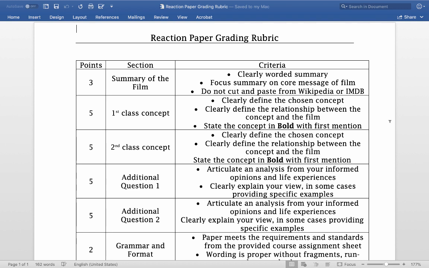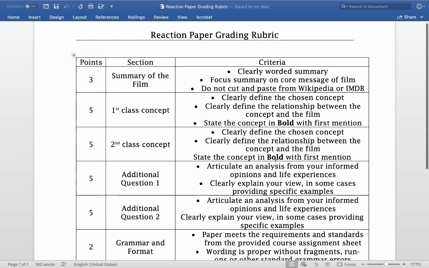You get 5 points for each class concept, as you can see there. And you also get 5 points for each additional question. You'll notice here it says how to outline these particular class concepts. Define the concept, define the relationship between the concept and the film, and state it in bold. If you do that, you get 5 points for each one.